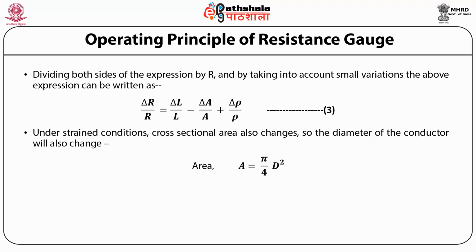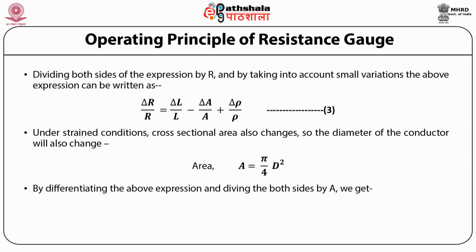The area is equal to π/4 into d². By differentiating the above expression and dividing both sides by A, we get (1/A)(ΔA/ΔS) equals (2π/4 d)/(π/4 d²) multiplied with ΔD/ΔS.